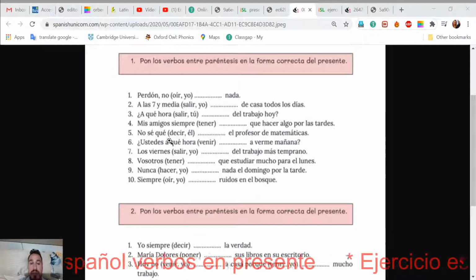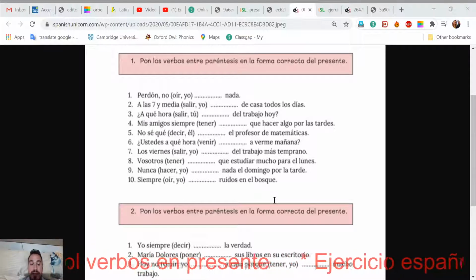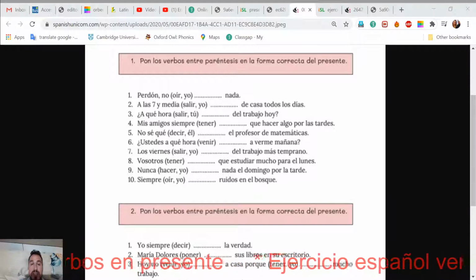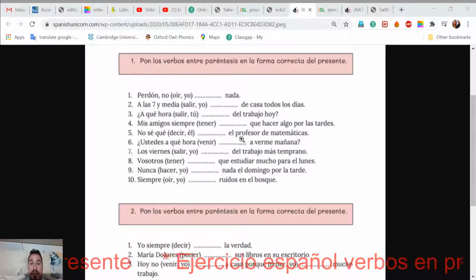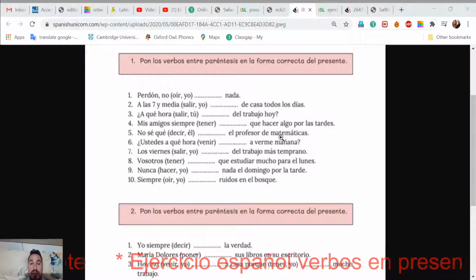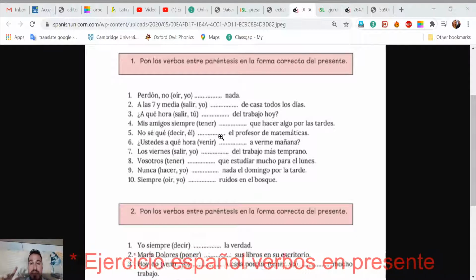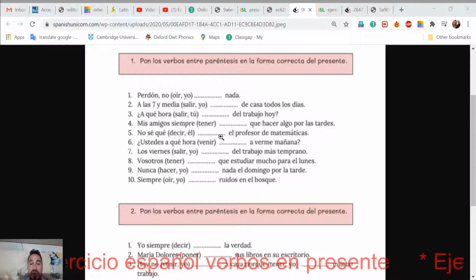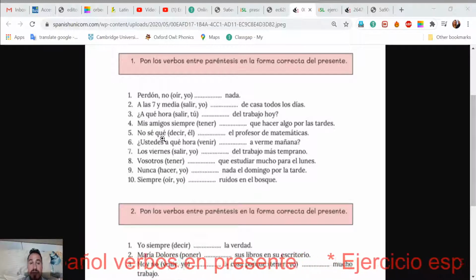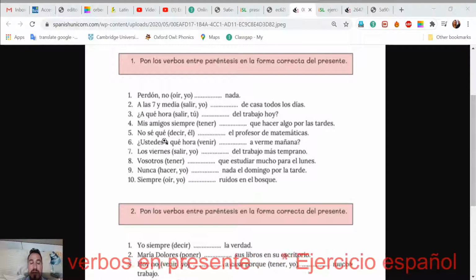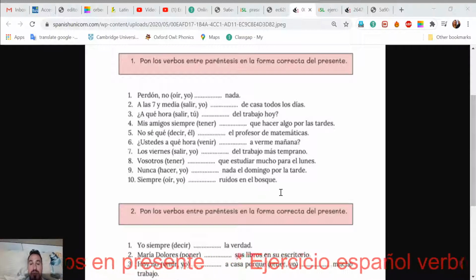Remember this? No sé qué dice. So I don't know what he says. No, I don't know what the teacher of math says. So remember this like an inversion. You use this inversion after this linking word, for example. It could be que, it could be donde, it could be any of these words, okay?